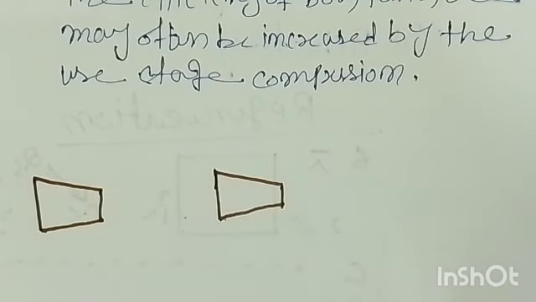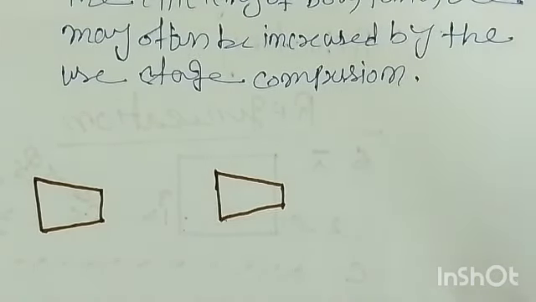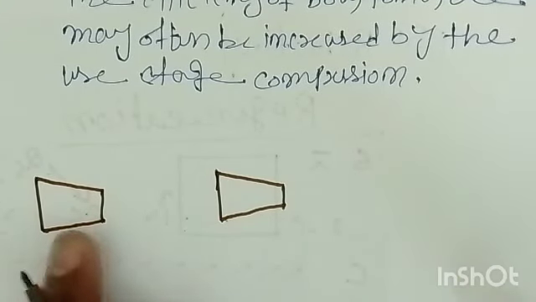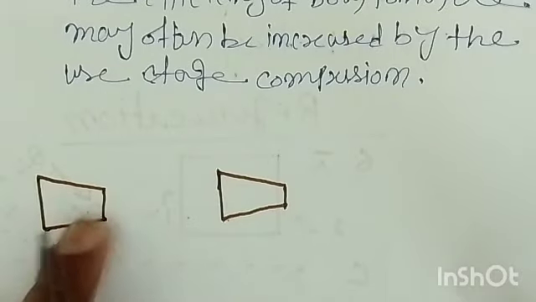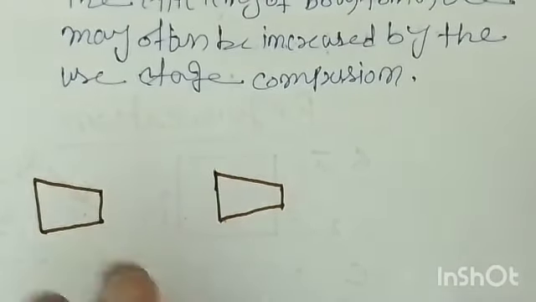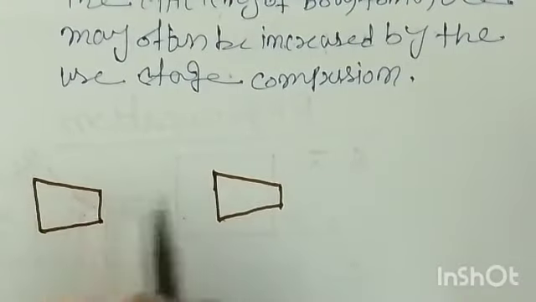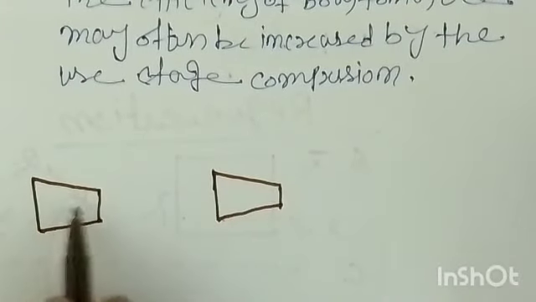Actually, the high pressure compressor area should be smaller than the low pressure compressor, so there is a mistake in how I drew the compressor. It will be somewhat more inclined, so don't mind this one. These are the two compressors we have used, the low pressure compressor and the high pressure compressor.